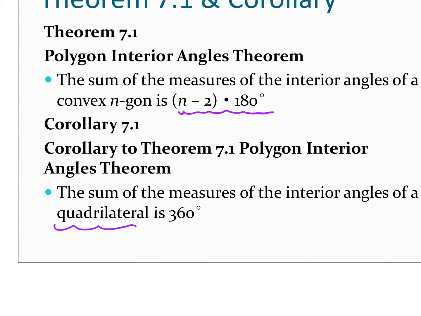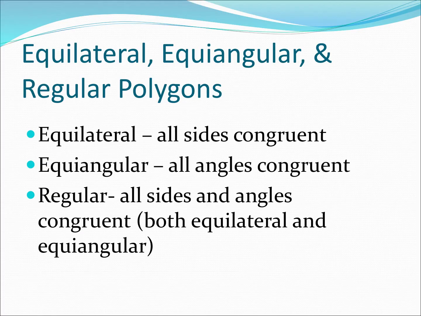Next, we're going to define equilateral, equiangular, and regular. We actually saw equilateral and equiangular already with triangles. When you see the word equilateral, that tells you that all sides are congruent. When you see the term equiangular, all angles are congruent.